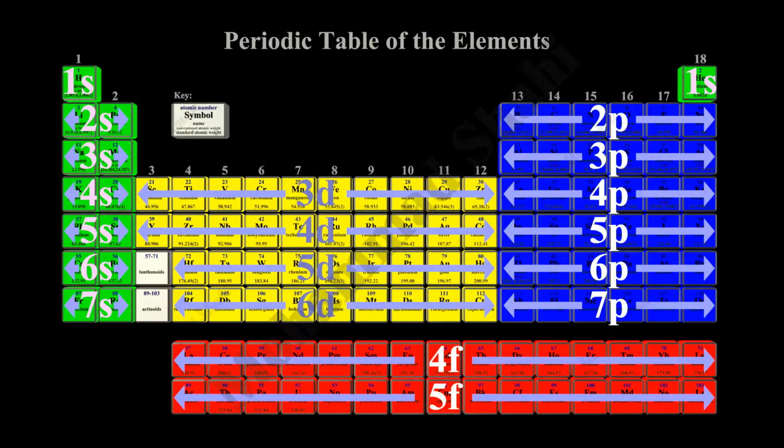In other words, the period n is accompanied by the filling of the ns subshell and any other possible subshells with energy levels higher than the ns subshell but lower than the n plus 1 s subshell. For example, the period 6 is accompanied by the filling of the 6s, 4f, 5d, and 6p subshells.